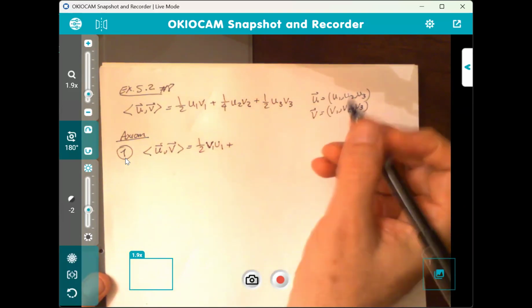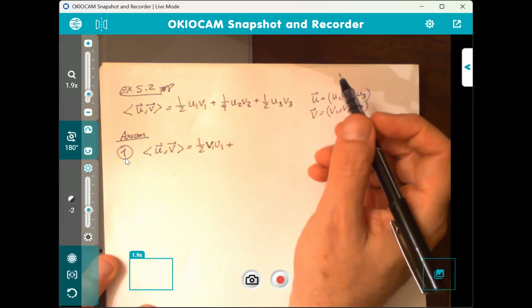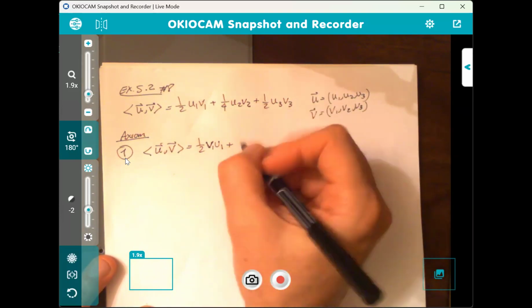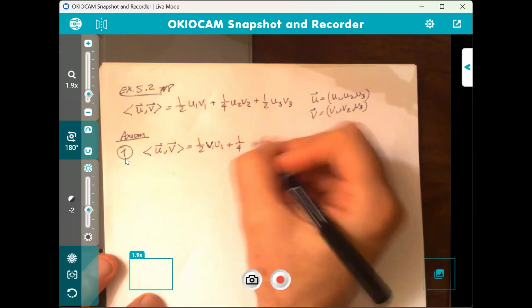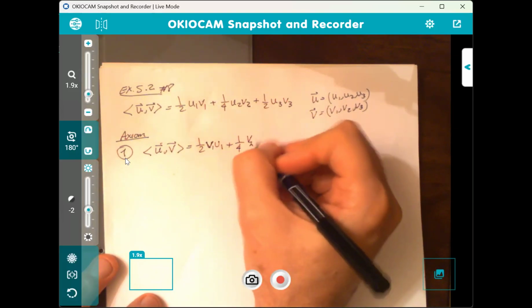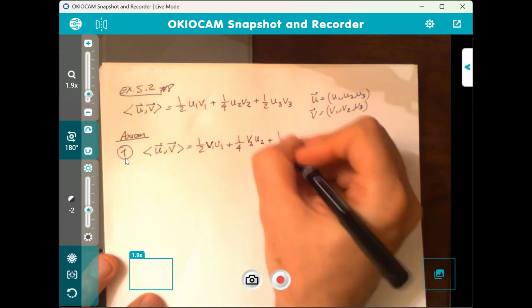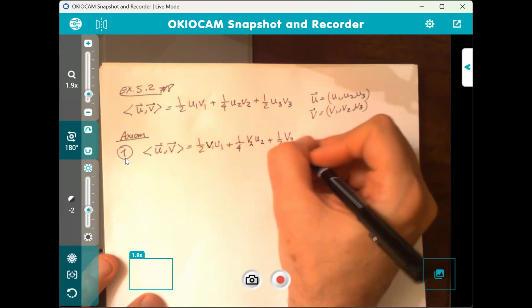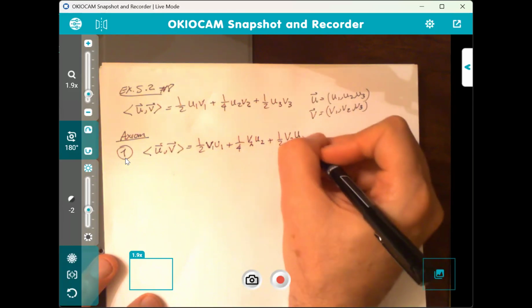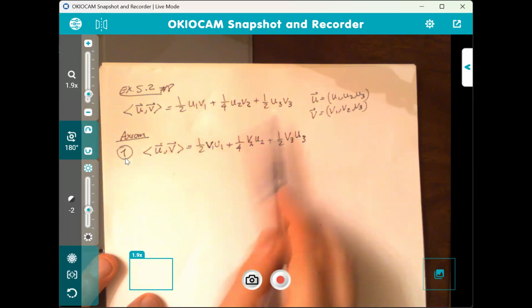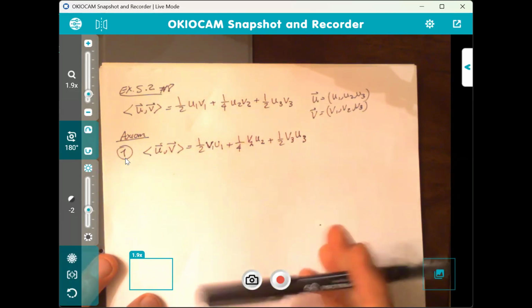Make sure you track them correctly. And then for 1/4 U2 V2, I can switch them and write it as V2 U2. And then for a half U3 V3, I can swap those, right? Again, all I'm doing is the commutative property of multiplication, and that's allowed.